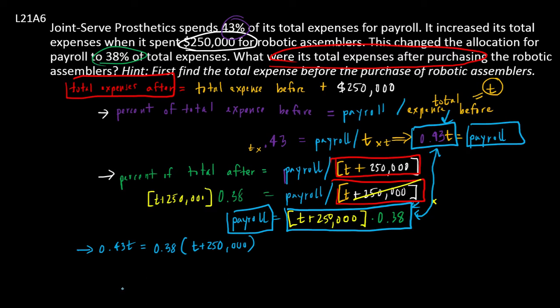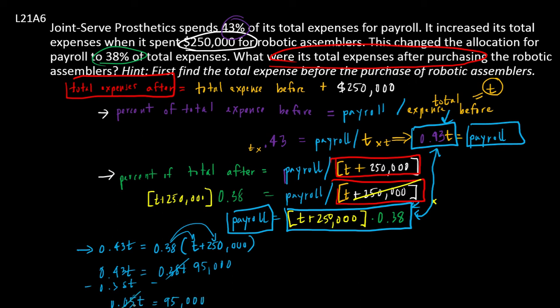So let's solve. Okay, well first we need to distribute that 0.38. So I've got 0.43t is equal to 0.38t because I've distributed. And then I need to take 0.38 times $250,000, excuse me, which comes out to $95,000. Next, I subtract 0.38t from both sides of the equation, and I get 0.05t is equal to $95,000.